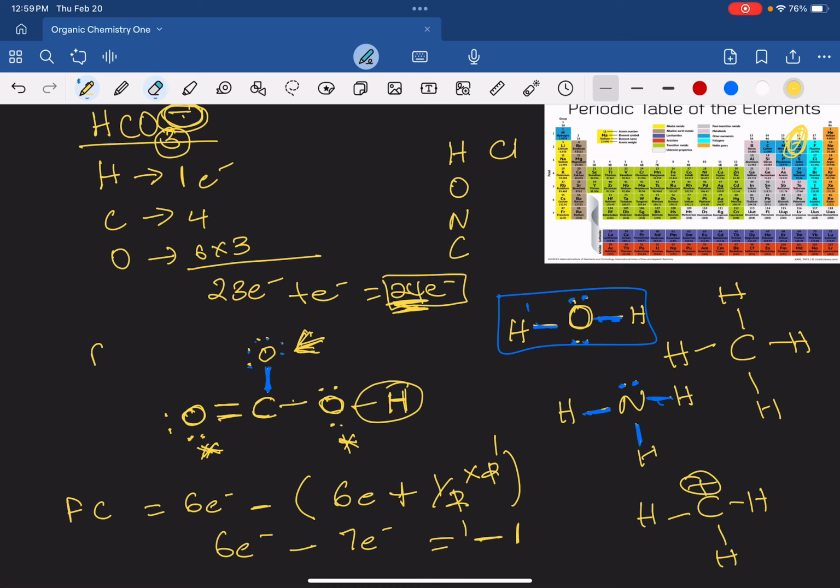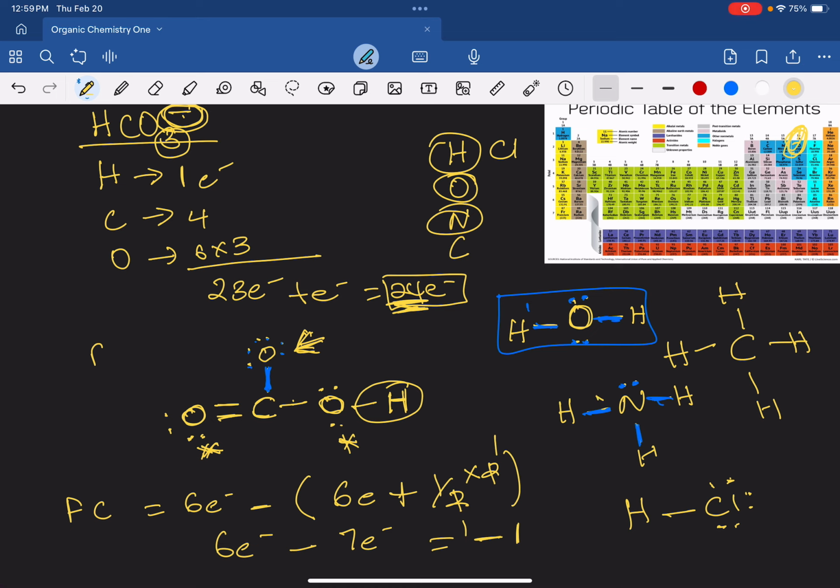You also need to know this for your halogens. Any halogen, once it has a single bond and 1, 2, 3, 4, 5, 6 electrons in lone pairs, it is neutral. You need to remember when these things are neutral. I'll teach you how to reason charges when we start writing reaction mechanisms. But for right now, please remember when a hydrogen is neutral, when an oxygen is neutral, when a nitrogen is neutral, how many bonds it has, literally just what it looks like.